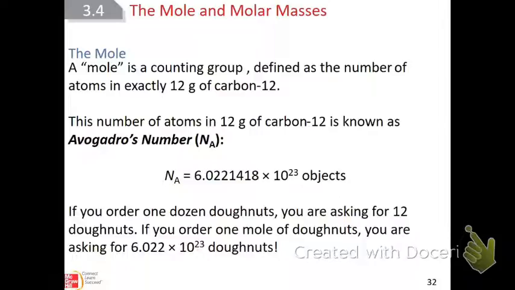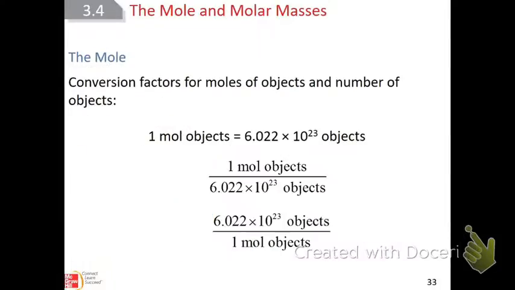So Avogadro's number is one way, 6.022 times 10 to the 23rd, which we're usually going to round off to 6.02, times 10 to the 23rd, of course. And then here are some conversion factors. All I really want you to learn, though, is that top one. If you know that top one, then you can use it as a conversion factor in dimensional analysis problems.